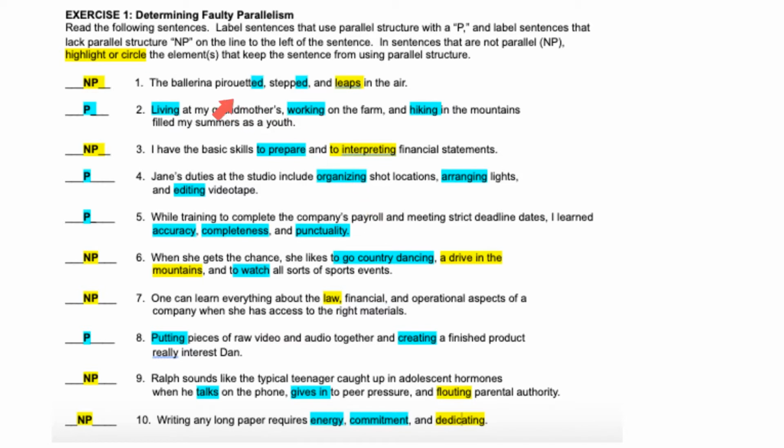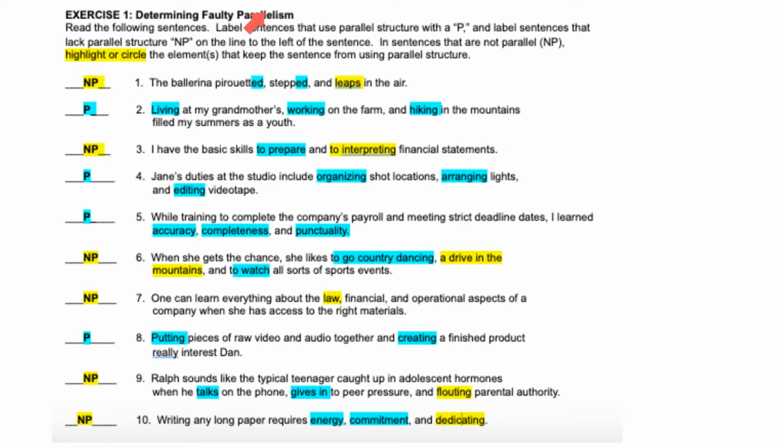And then also we'll look at sentences that represent a lack of parallelism and look at why these sentences lack parallelism or may exhibit faulty parallelism.